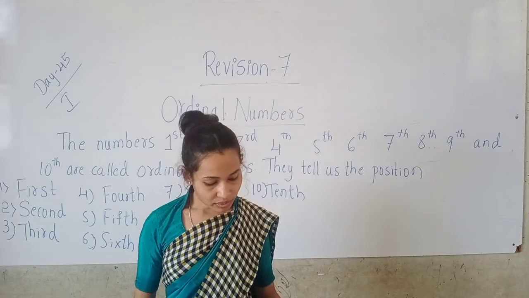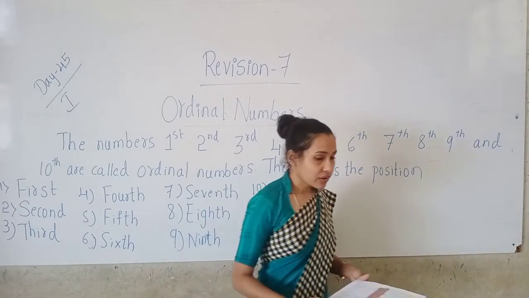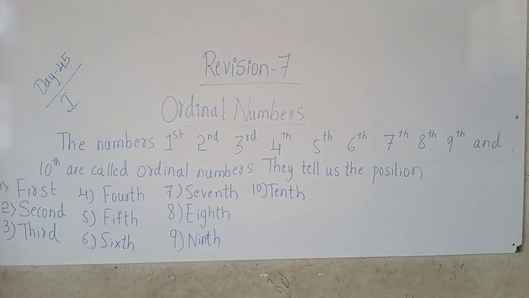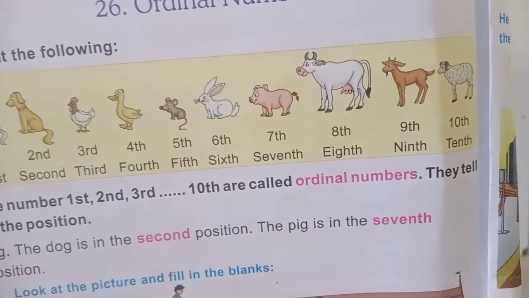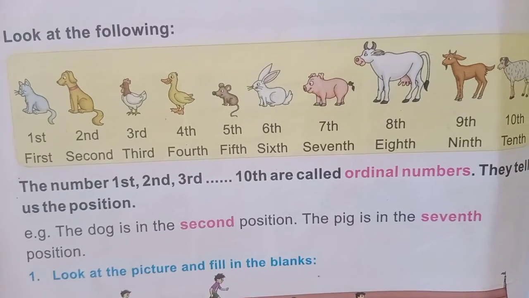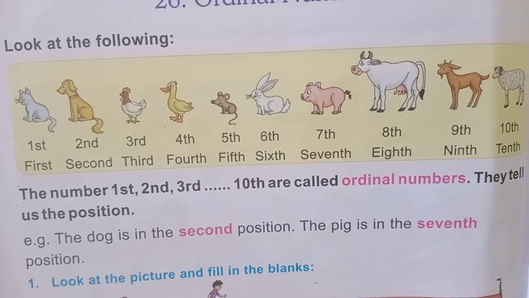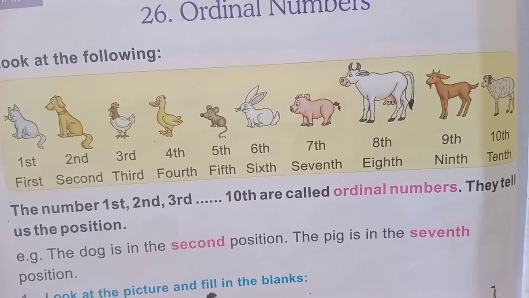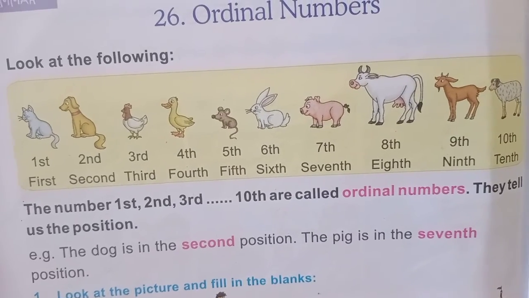Now let us open page number 58 children. Can you see in the picture children? The animals are standing in the number wise positions.